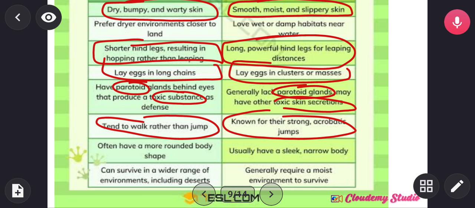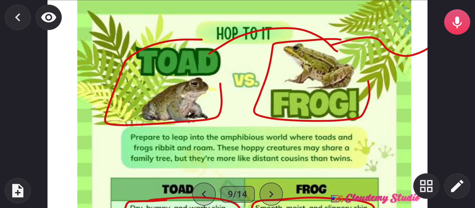The hind limbs of toads are partly webbed, while the hind legs of frogs are fully webbed. So these are the basic differences between toad and frog.